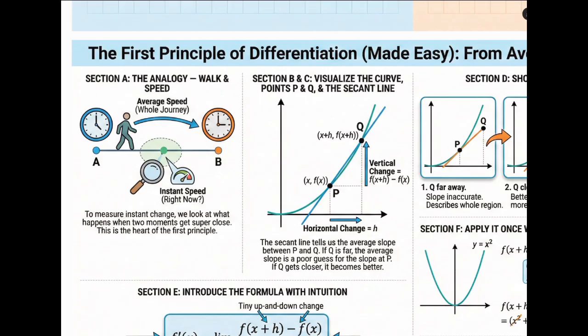And for point Q, by considering the horizontal change denoted as h, we are going to say that Q is equal to x plus h and also f(x plus h).